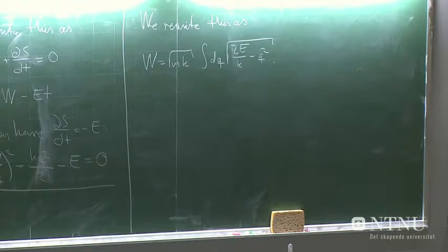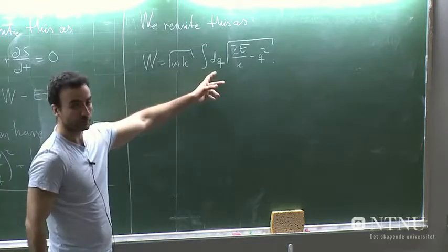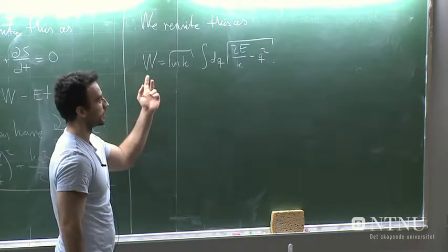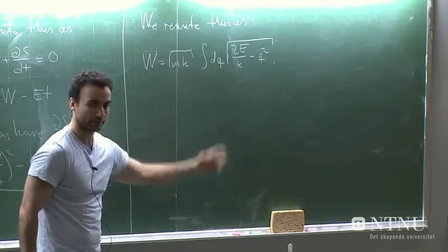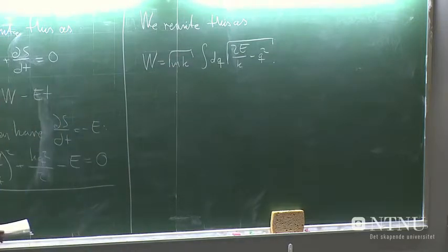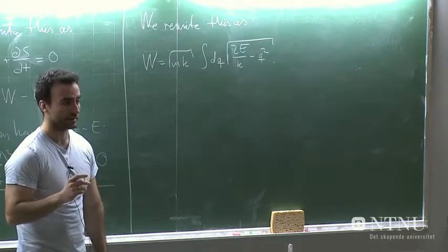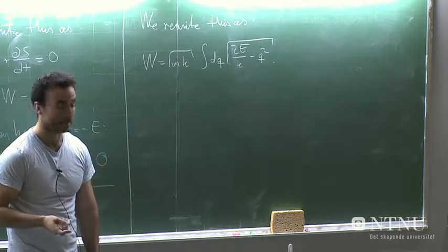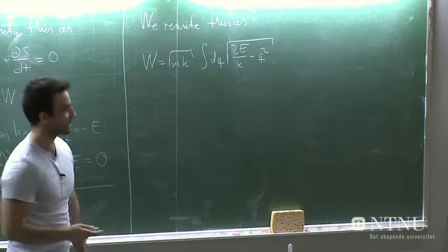So by moving some terms around a little bit and performing an integration over Q, we find that W is given like this. So by now we have accomplished the second step of our general solution strategy, namely we have identified S.